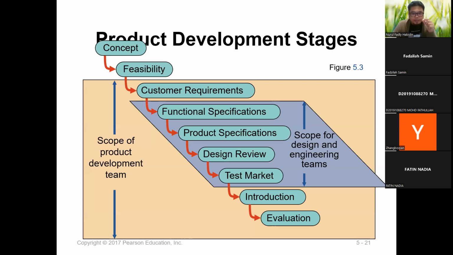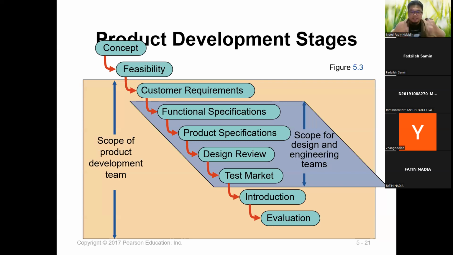But the customer requirement, functional specification, and product specification are actually still under the concept and feasibility. So in this case I'm highlighting, okay, this is a reality. Regarding the book, you can answer on this. Okay, please explain scope of product development team. So you can explain concept, feasibility, customer requirement, functional spec, product spec, design review, test market, introduction, and evaluation.